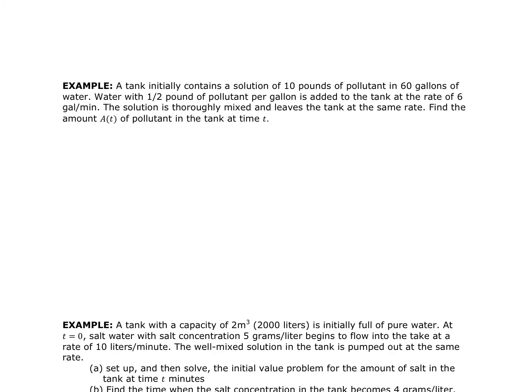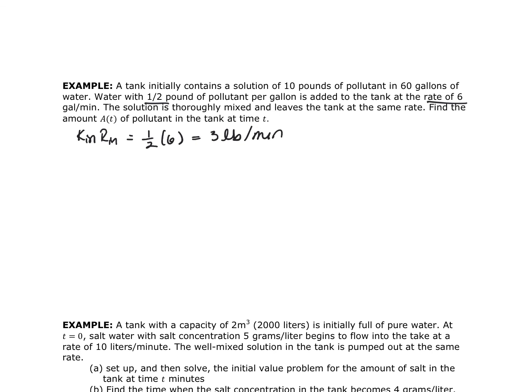So we know that K sub n multiplied by R sub n must be equal to 1/2 a pound of the pollutant multiplied by its rate in, which is 6. So this is equal to 3 pounds per minute.